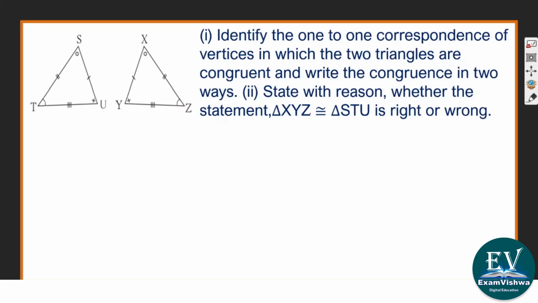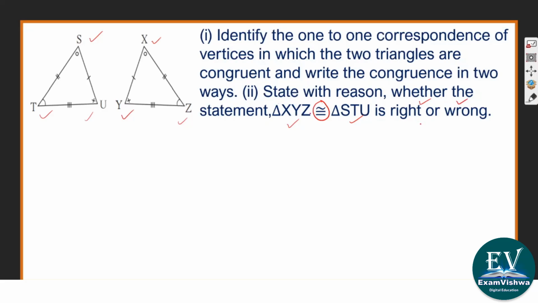It's a good question. If you simply observe those two triangles STU and XYZ as given here, is the statement that they are congruent right? It is shown here as congruent. Is this statement right or wrong? That is the ultimate question to you.